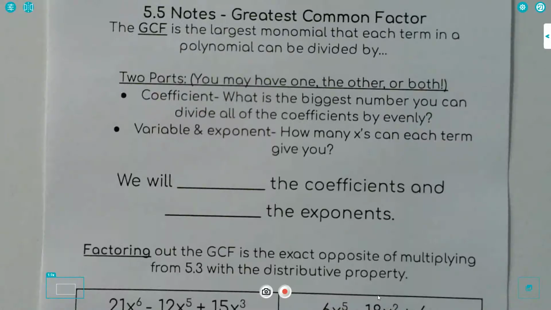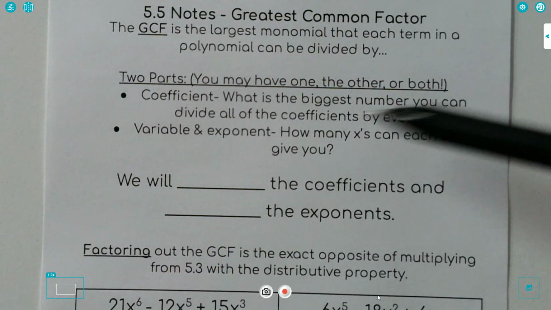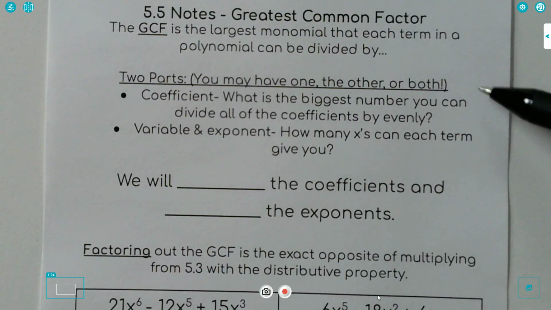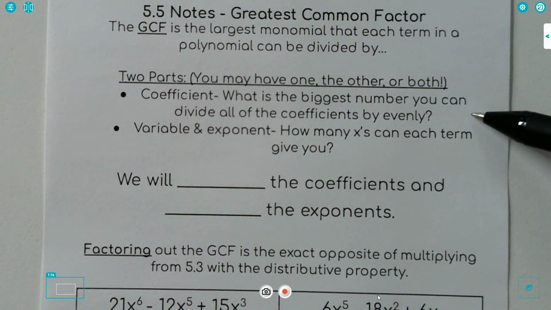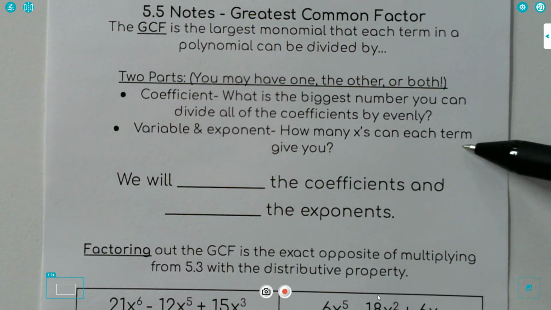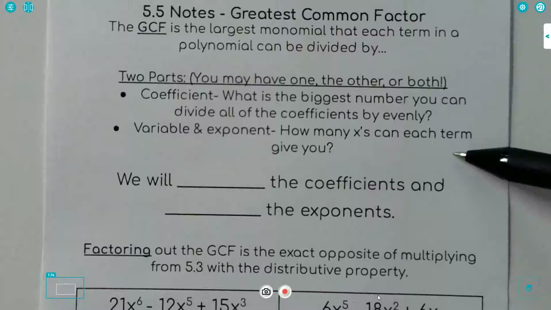So on all of those problems on your quick write, we would be able to divide out that greatest common factor. Your common factor for a polynomial, though, might have two parts. You might have one, you might have the other, you might have both. So the coefficient is what we just went over. What is the biggest number you can divide all of the coefficients by evenly? Then the next part is the variable and the exponent.